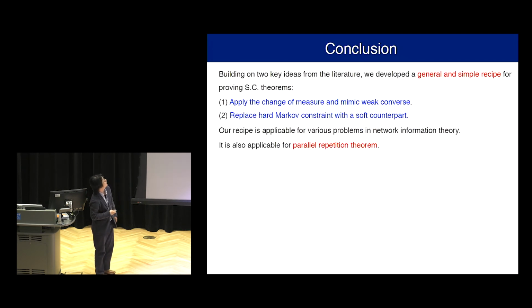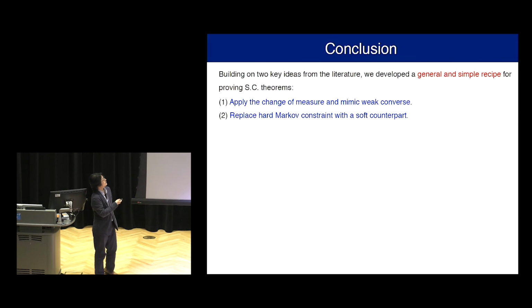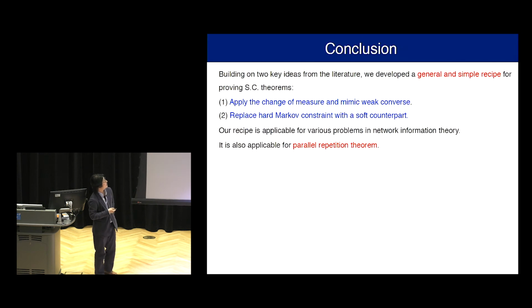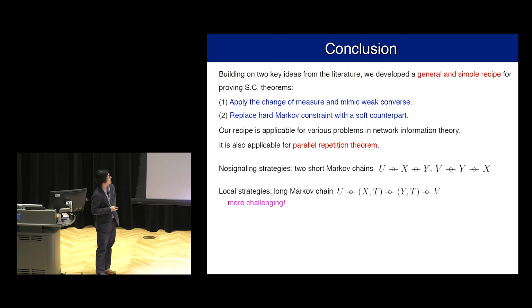Okay, so we introduced a simple and general recipe for proving strong converse, and in our approach we have two key ideas, and our approach can be used in various problems in network information theory, and it can also be used for parallel repetition theorem in computer science as well.